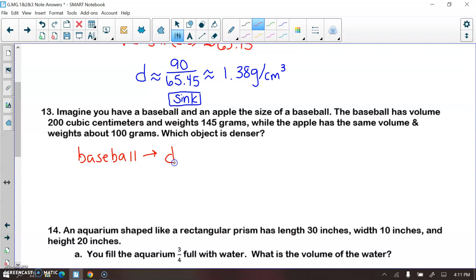The density is equal to 145 grams over 200 cubic centimeters. So it is 0.725 grams per cubic centimeter. Now I'm going to do the apple.